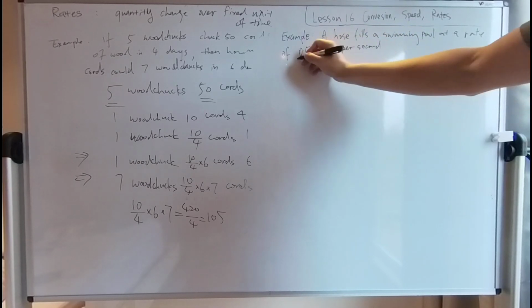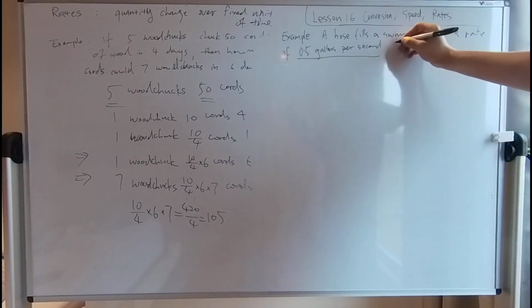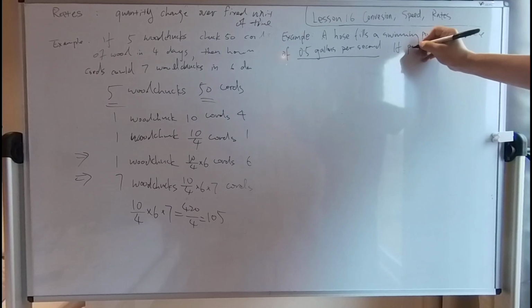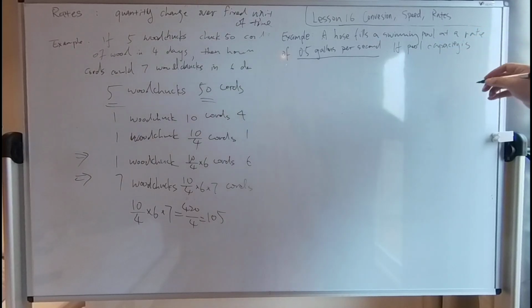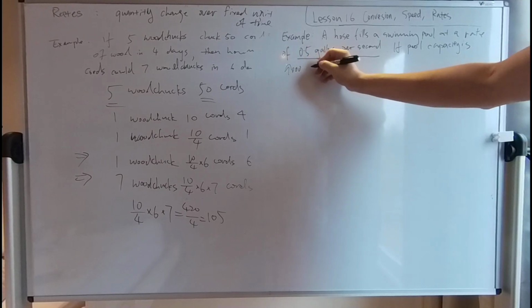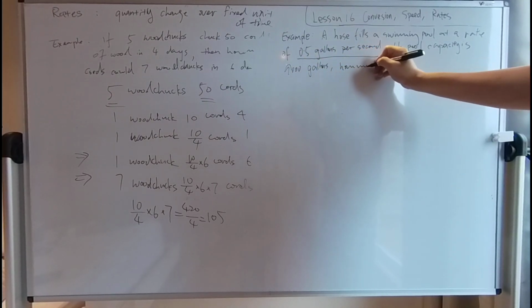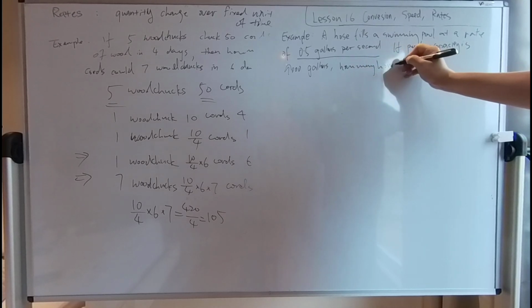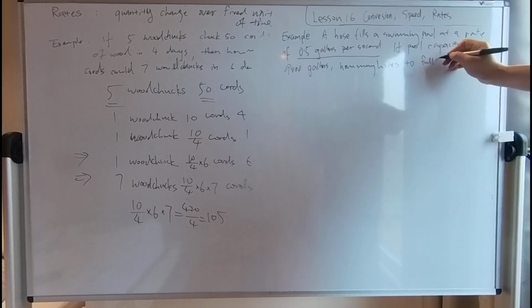Right? So this 0.5 gallon per second is the rate of a hose filling a swimming pool. If the pool capacity is 9,000 gallons, how many hours are needed to fill the pool?